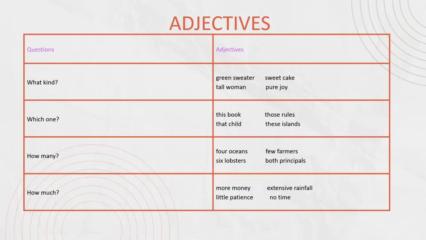Now, when we answer the question, which one? Ito yung cue. Yung word na which is the cue that you're going to be using, pronouns. Okay? This, that, those, these.